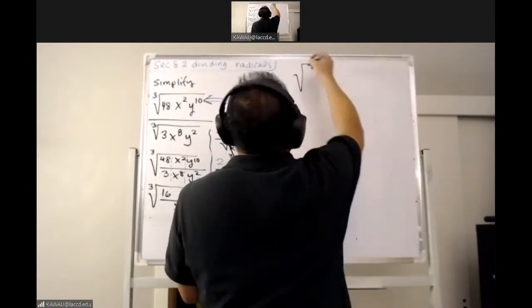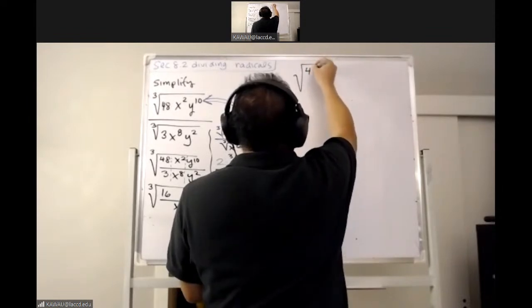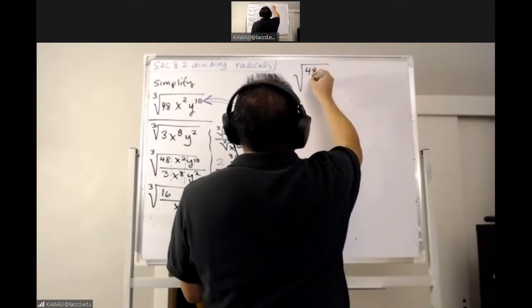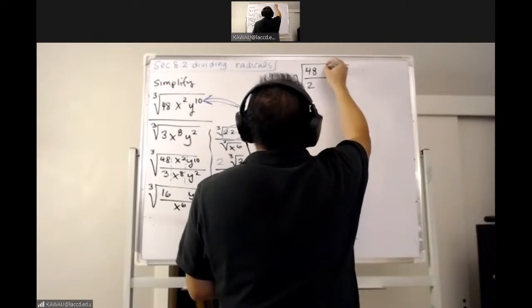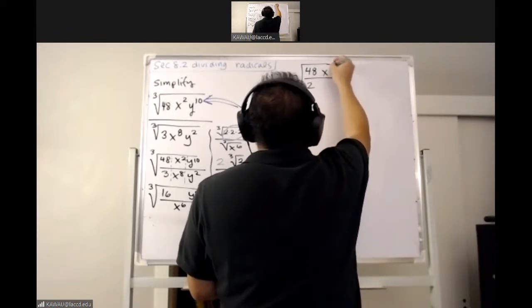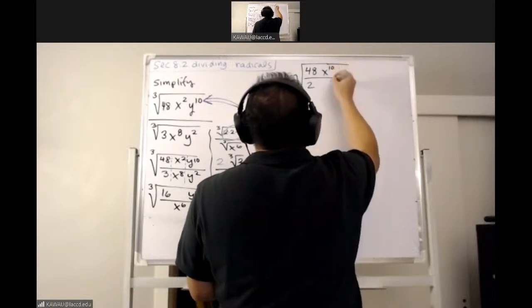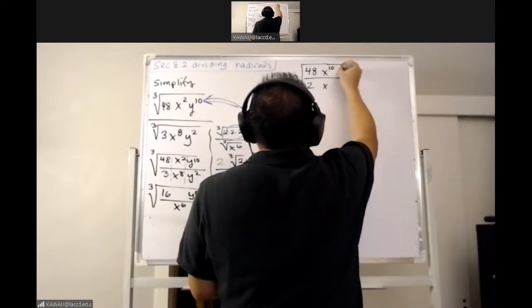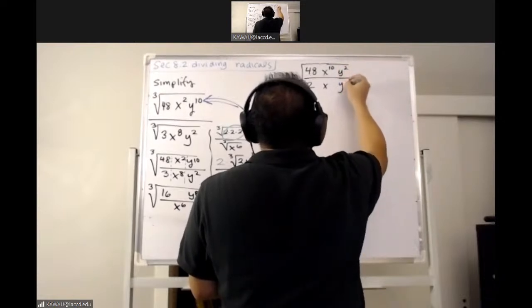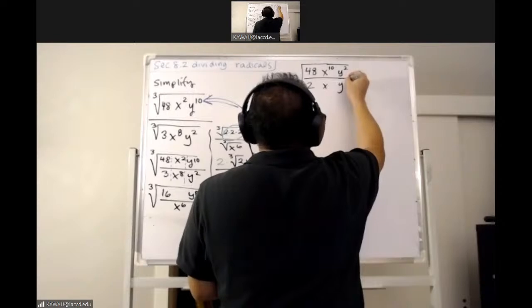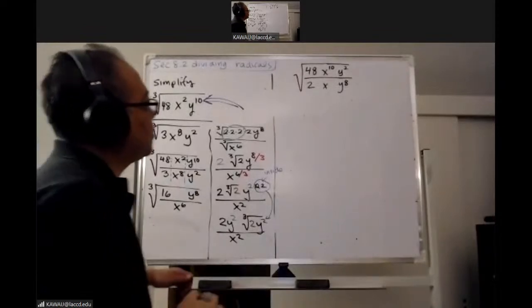So let's go 48, and then we'll go x, 10 x, y squared, y, 8, like that. Okay, we'll say simplify.